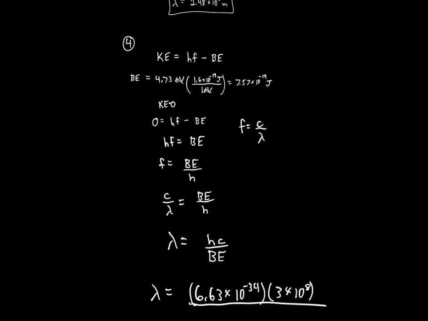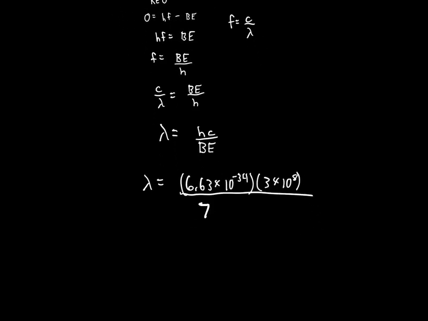Oh gosh, I can't read my own handwriting. 7.57 times 10 to the negative 19. Plug all those numbers in and you get 2.57 times 10 to the negative 7 meters.